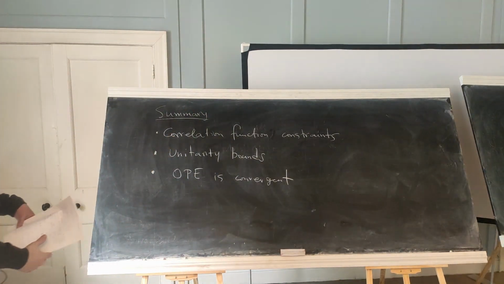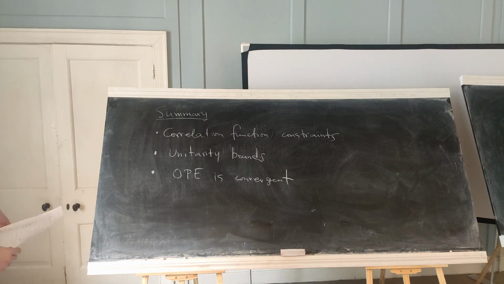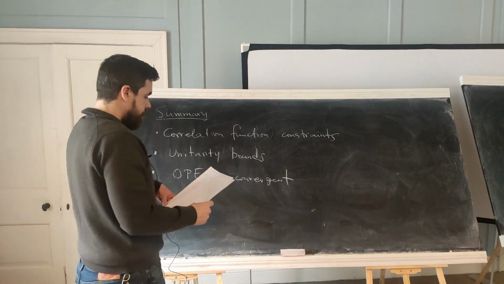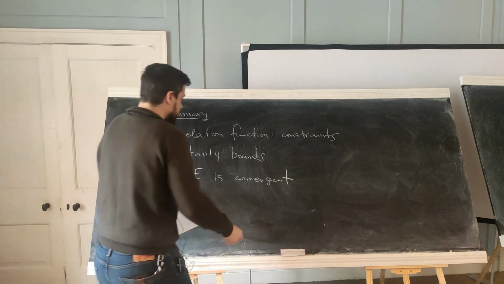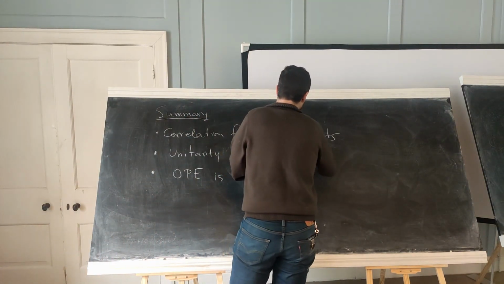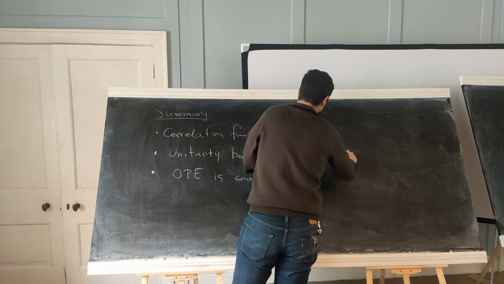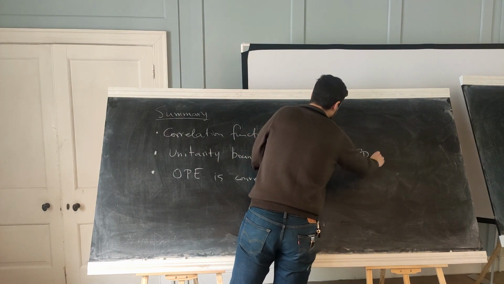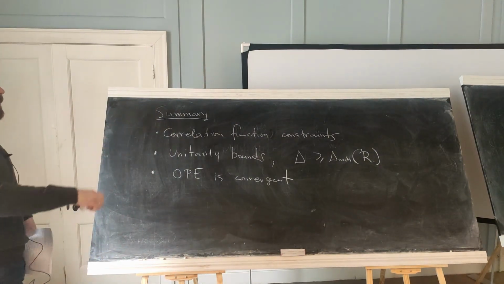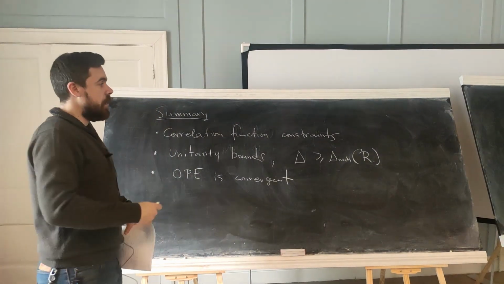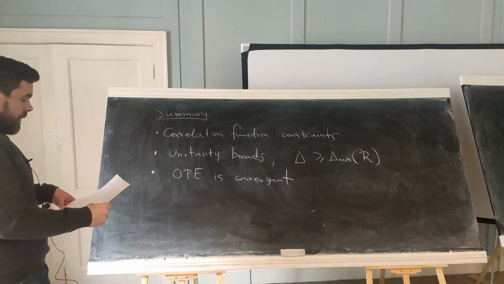And then we discussed also unitarity bounds that have to be satisfied in CFTs that have a form like delta has to be larger than or equal to some minimum value that depends on R, which is the representation under the Lorentz group that operators transform under.